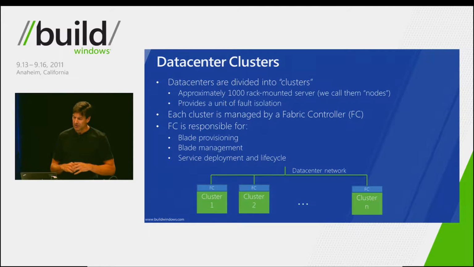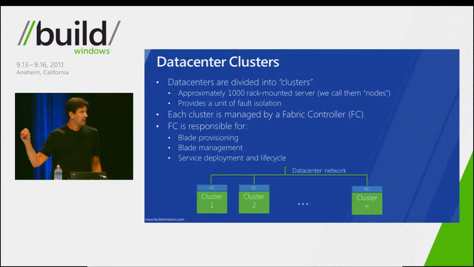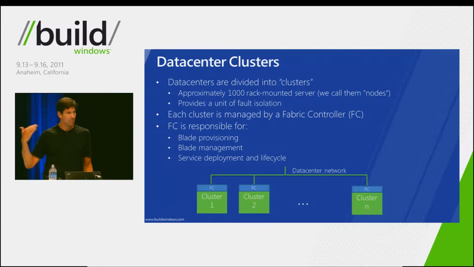So there's something called a Fabric Controller that runs in a cluster and manages the servers in that cluster. If something catastrophic happens to the Fabric Controller, then that's the unit of failure, is the cluster. Although we've got tons of reliability and availability built into the Fabric Controller, so we shouldn't ever have anything catastrophic happen. The Fabric Controller is responsible for provisioning the hardware, for managing the blades, and for the management of the life cycle of applications. So I'm on the Fabric team, of course.